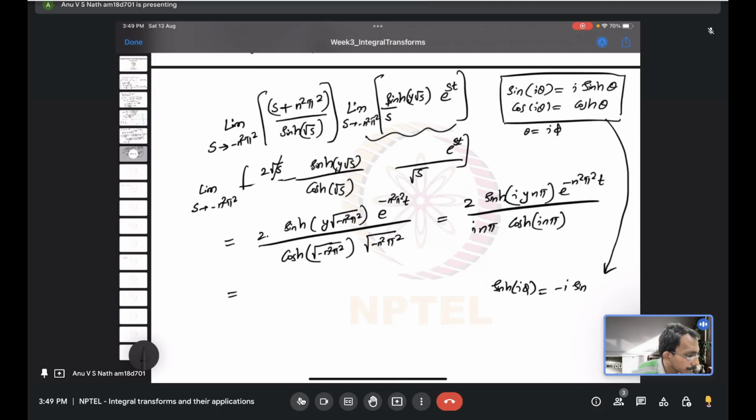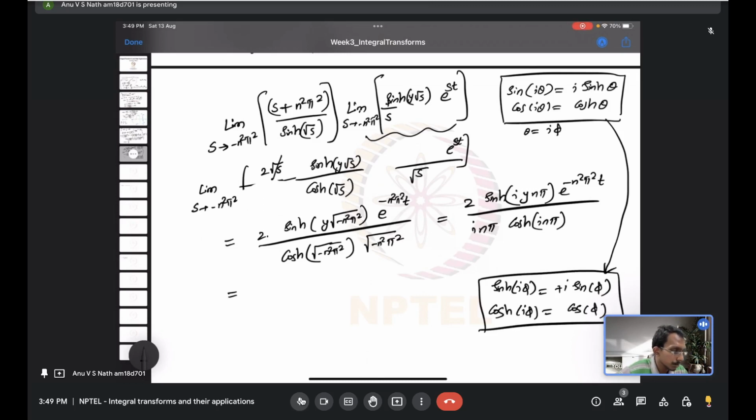So that minus i we take outside, it is like this. Now similarly, cosh of i phi, I can write that as cos of i theta, which is cos of phi. So this is what we are going to use here.